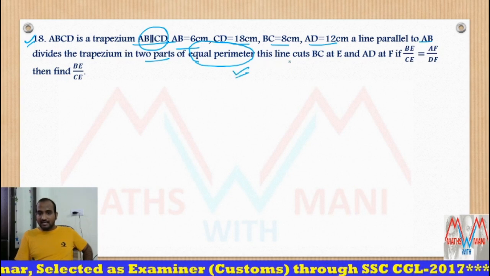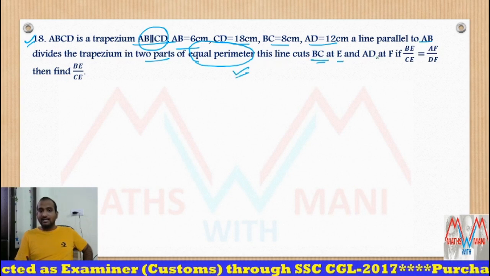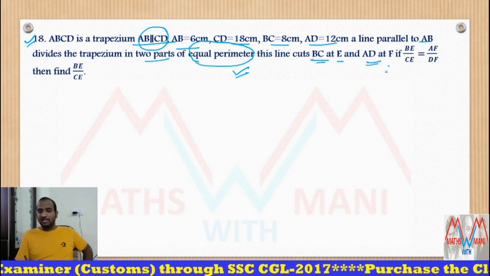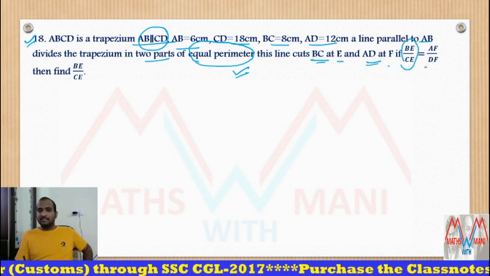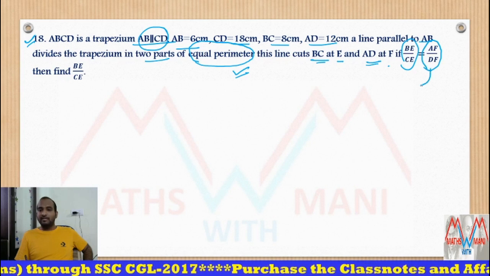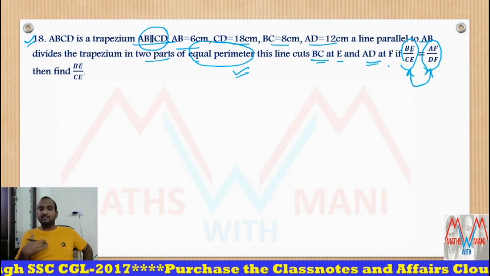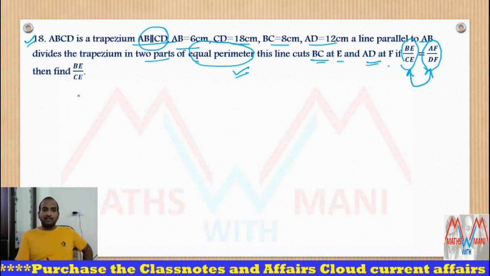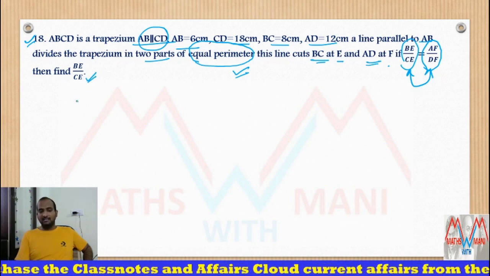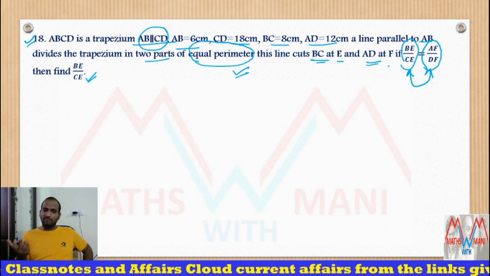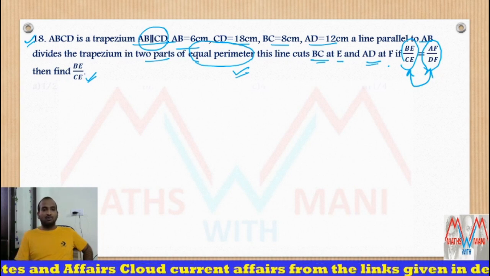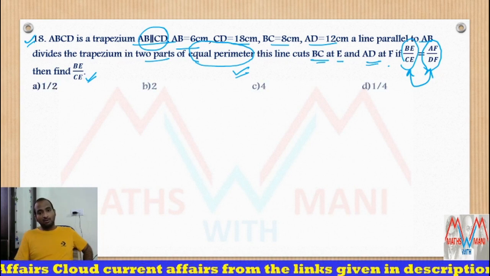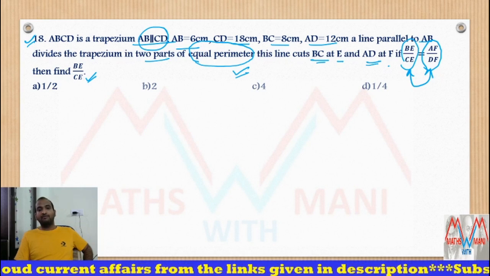This line cuts BC at E and AD at F. If BE by CE is equal to AF by DF, then find BE by CE or AF by DF. The options are 1 by 2, 2, 4, 1 by 4.